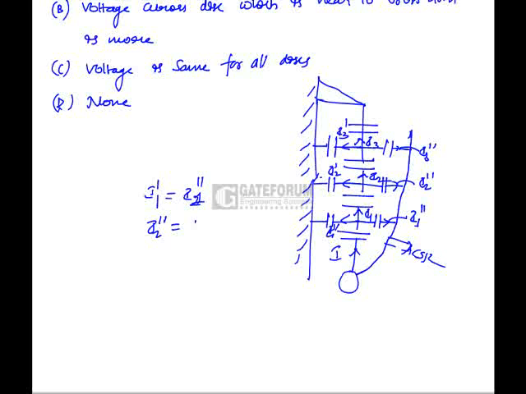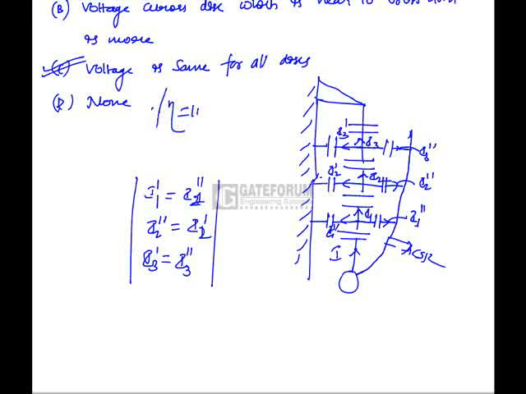Similarly I2 double dash equals I2 dash, and I3 dash equals I3 double dash. If you maintain these charging currents equal, the voltage across the discs is the same for all discs. We can make string efficiency 100% by using the static shielding method. So option C is the correct answer.